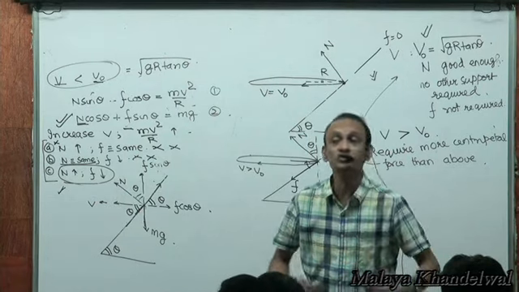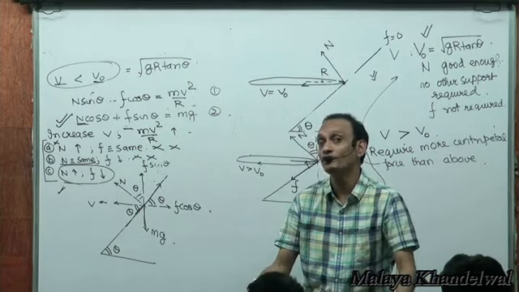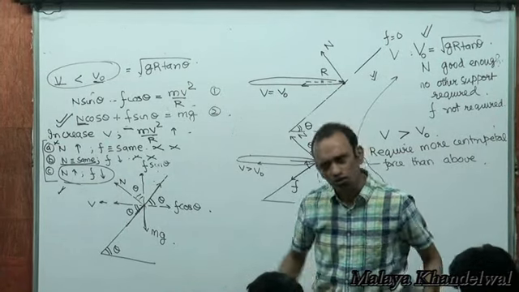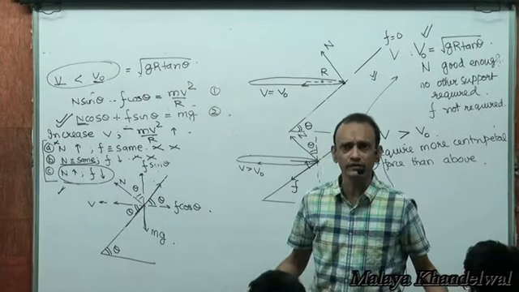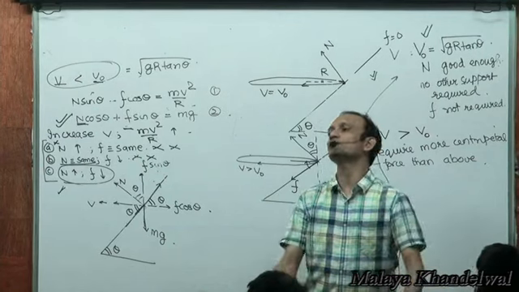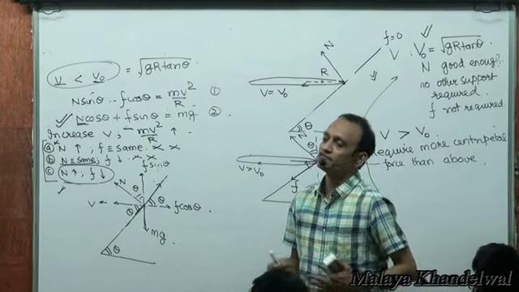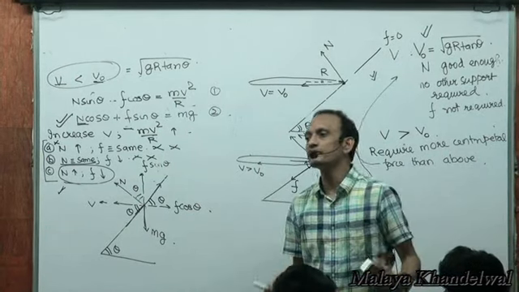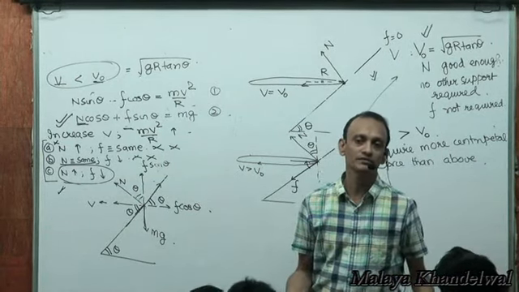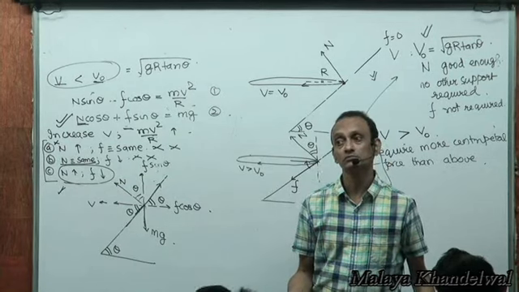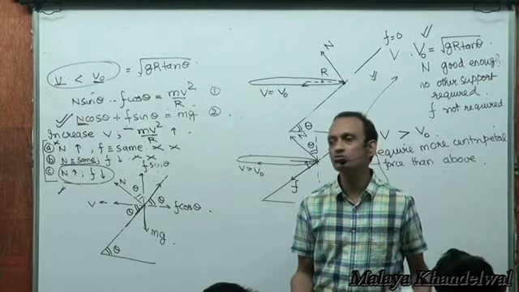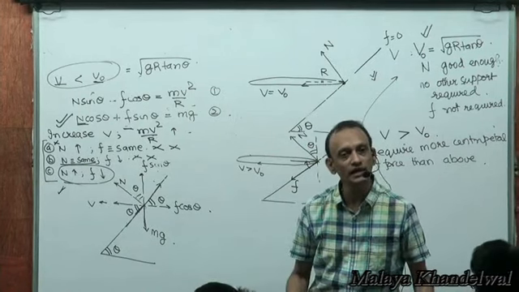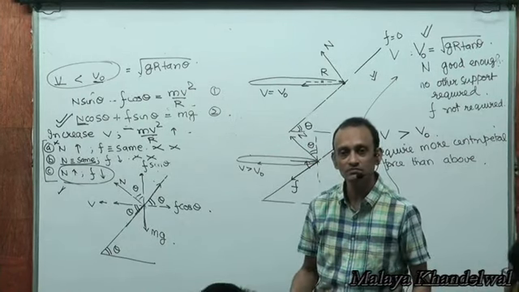You could have had a velocity greater than root g r tan theta. You can't change theta, you can't change r. And you want a velocity more than root g r tan theta. What the heck? Again, there is interplay between n and f. F changes direction, changes magnitude, accommodates commensurate with your requirement. Yes or no? This is the story of banking of curves. Do you all understand all that I have said and for all times to come? Right?